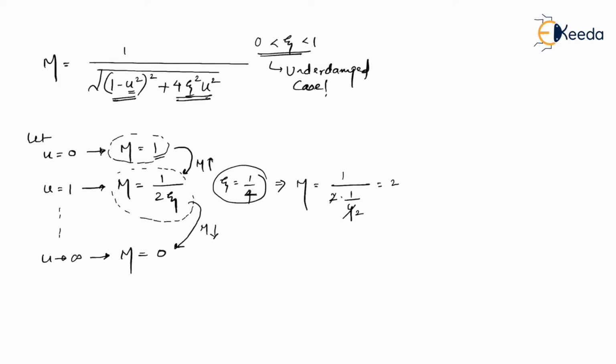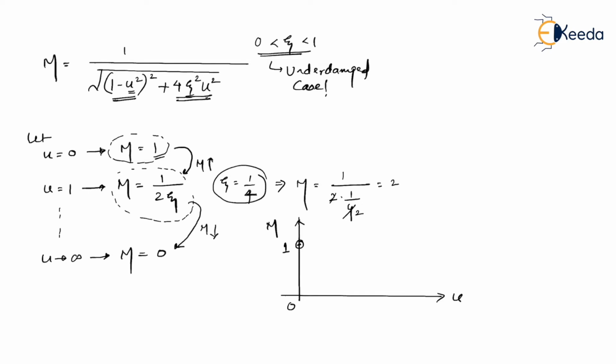Now I know the behavior of m with respect to u. Now I can show it graphically also. Let me plot a graph of m versus u. Here I have m, here I have u, this is 0. The magnitude was initially 1 when u was equal to 0, so I start with 1.